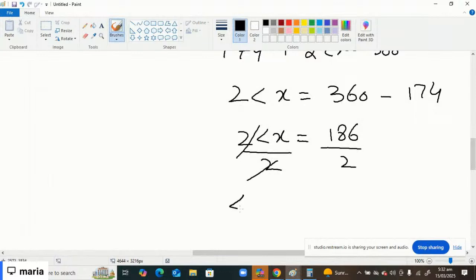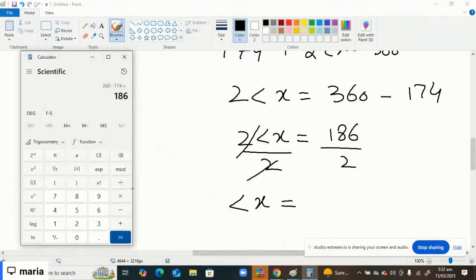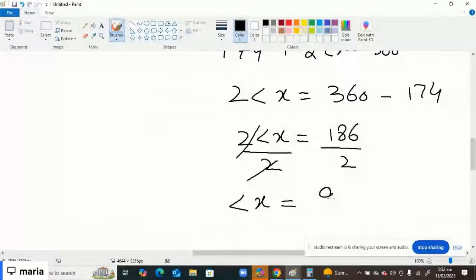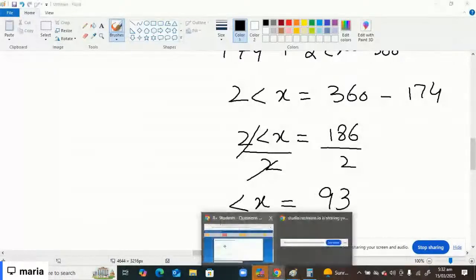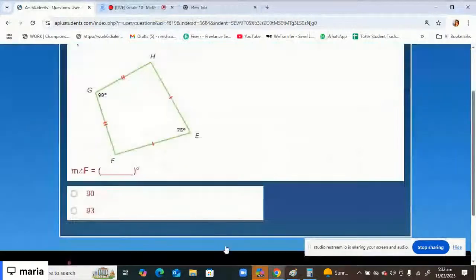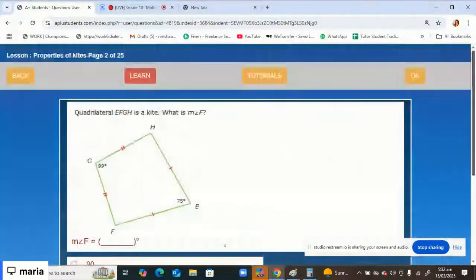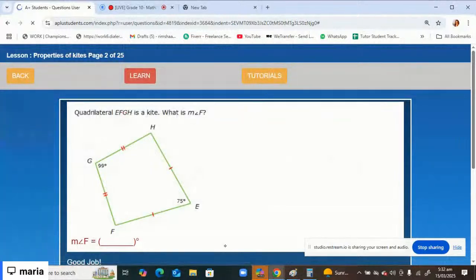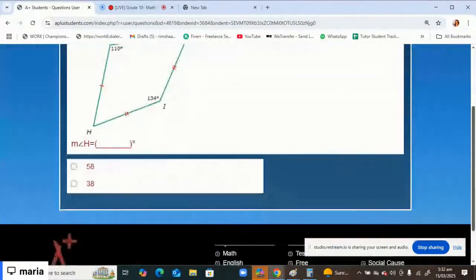This should cancel. So 186 divided by 2 is 93. So each angle is 93. So 93 is given here. So this is 93 and that is your right answer.